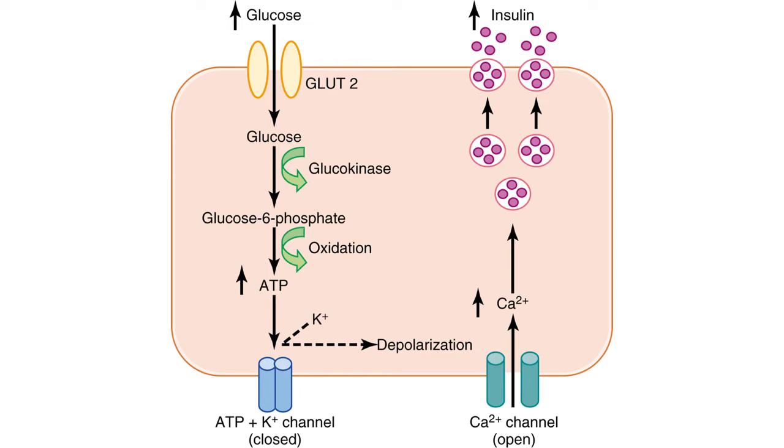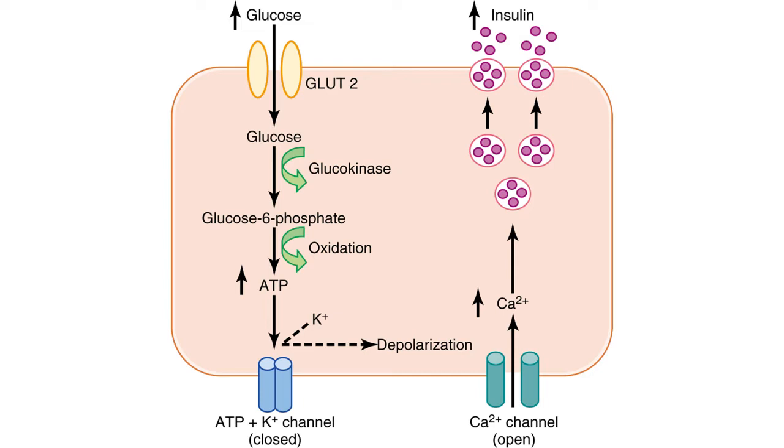And you have to understand again that calcium is present in the extracellular environment. So upon opening of the calcium channels, calcium will enter the cell from the outside. So this will lead to an increase in the amount of calcium inside the cell.